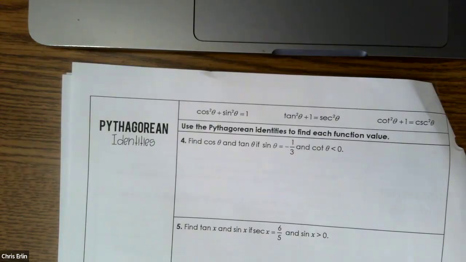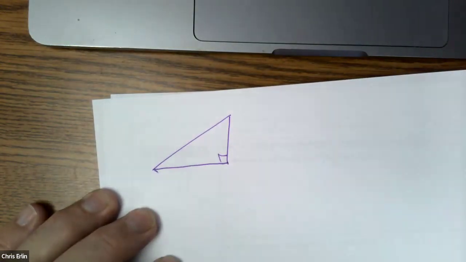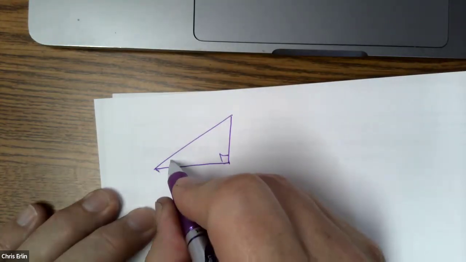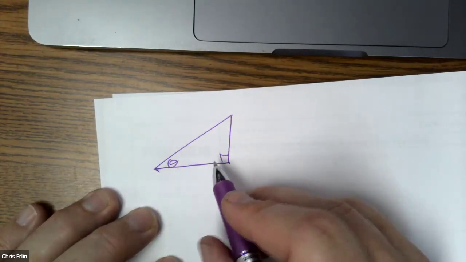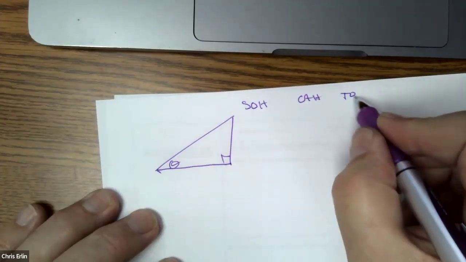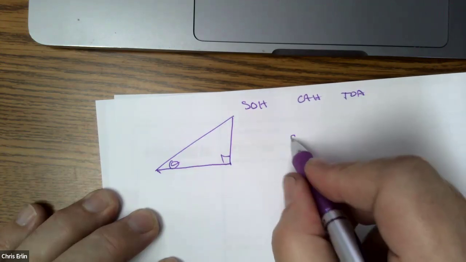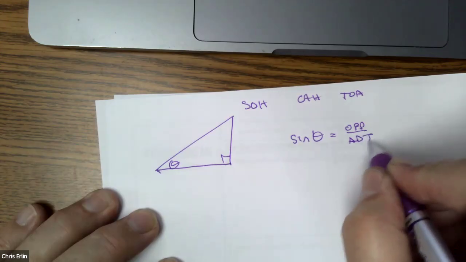When you hear the word Pythagorean, what do you think of? A squared. Okay, so let's come back to our single SOHCAHTOA triangle. Again, it means that the sine of an angle is equal to the opposite over the hypotenuse.